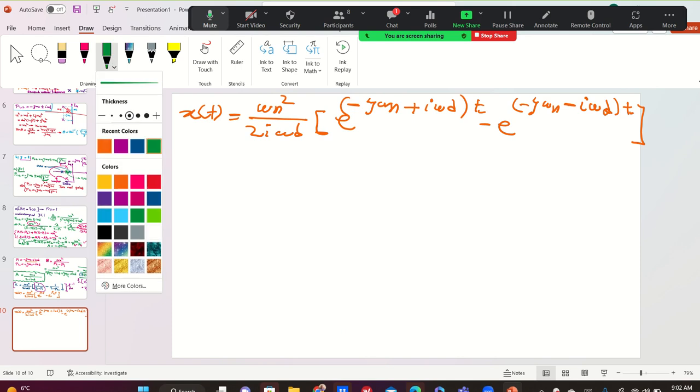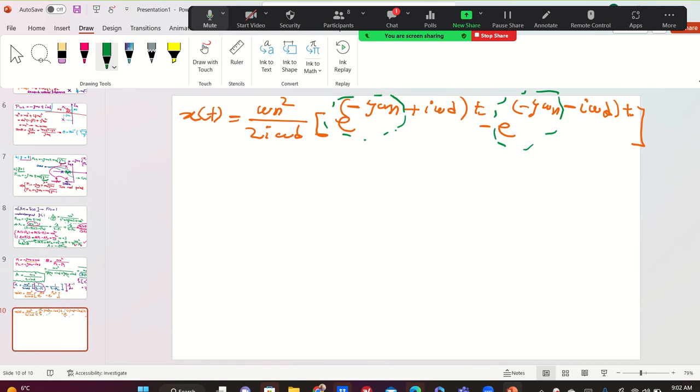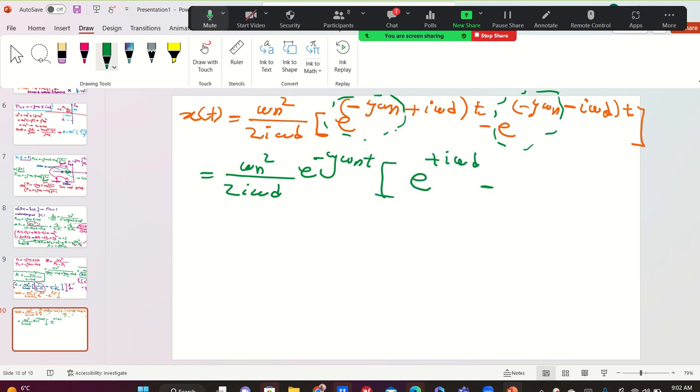Obviously, you can factor out this e to the minus zeta omega n t. So this is equal to omega n square over 2i omega d, e to the minus zeta omega n t, times e to the plus i omega d t minus e to the minus i omega d t. Bear with me. Using the Euler series that I taught you, you can do it like this.